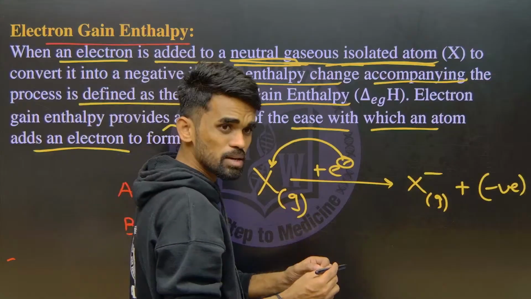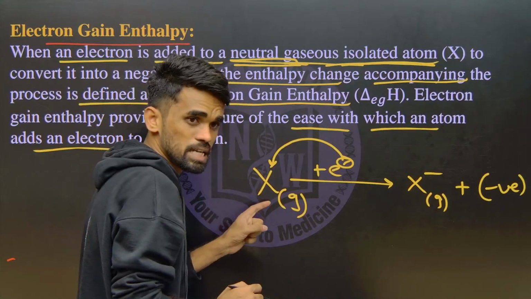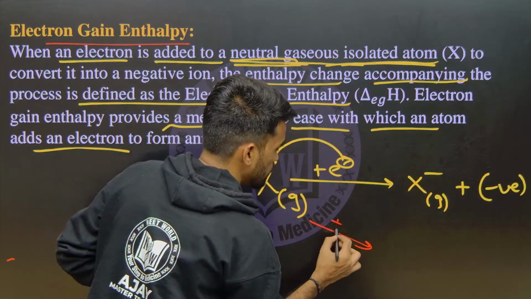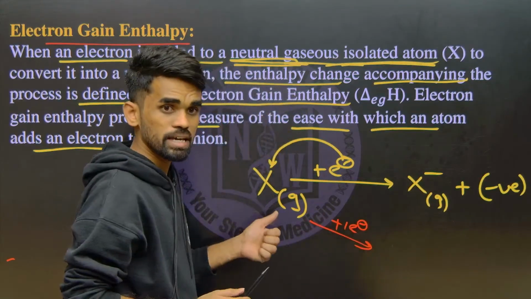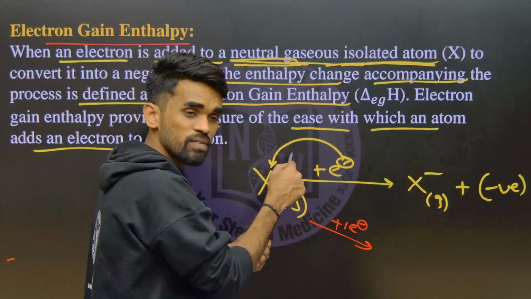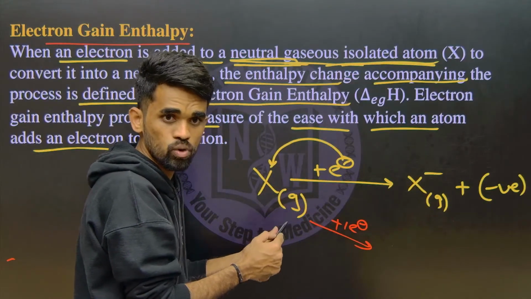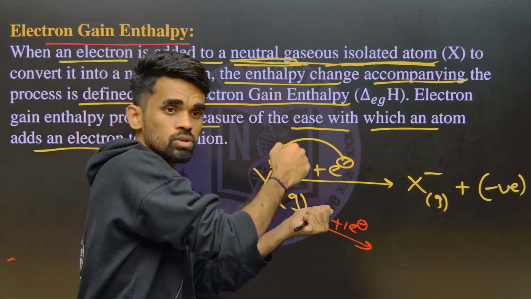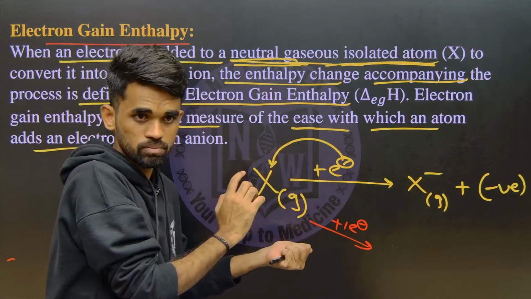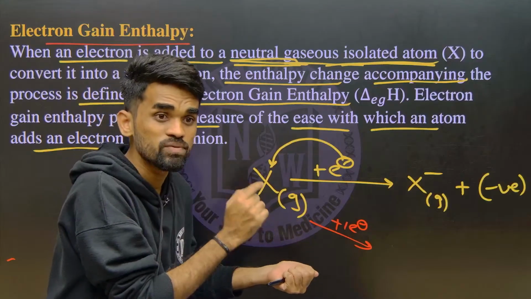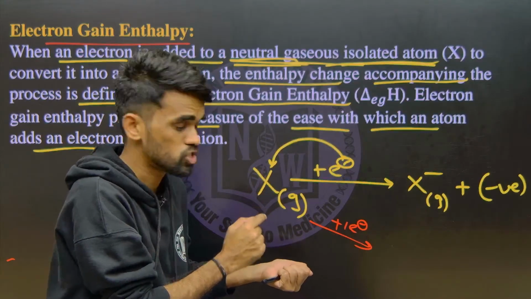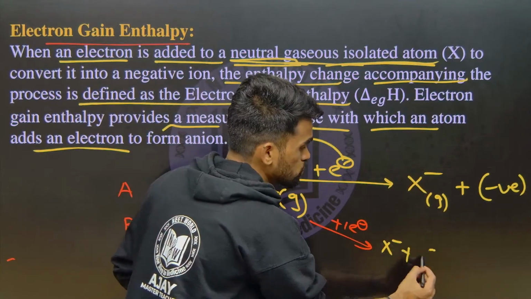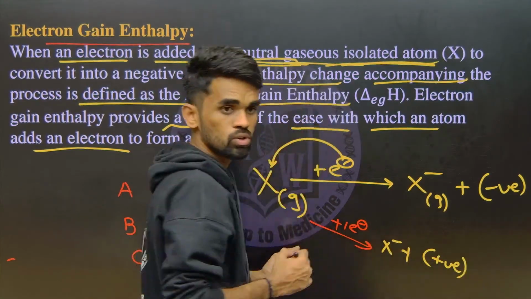Okay, in some cases if this element is already stable and I add one electron, will it take it? It won't take it. It means we need to force that electron to be taken by that atom. In this case we are supplying the energy. So it becomes X minus here also, but the enthalpy is now positive.